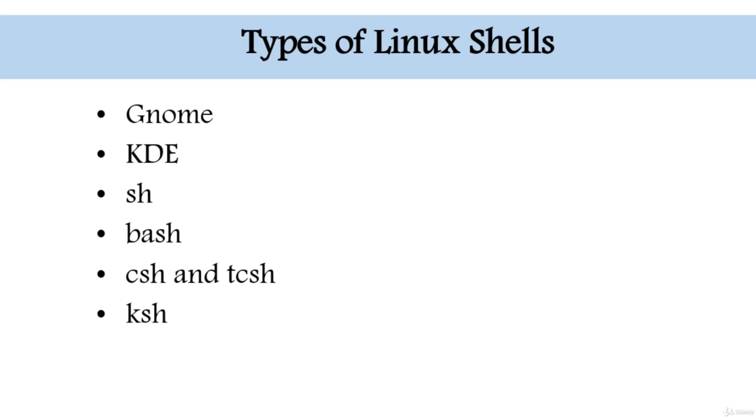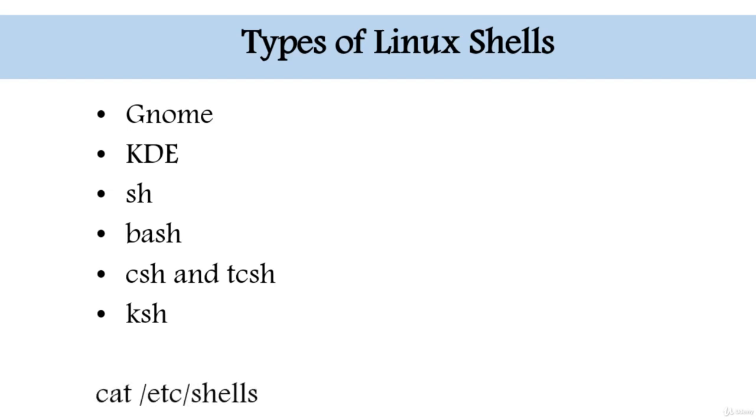The Korn shell is compatible with the sh shell and bash shell as well. Korn shell improves on the Bourne shell by adding floating point arithmetic, job control, and so many other things. I don't want to confuse you right now. In the Unix environment, most of the time the Korn shell is used in Solaris, whereas in the Linux environment, most of the time the bash shell is used.